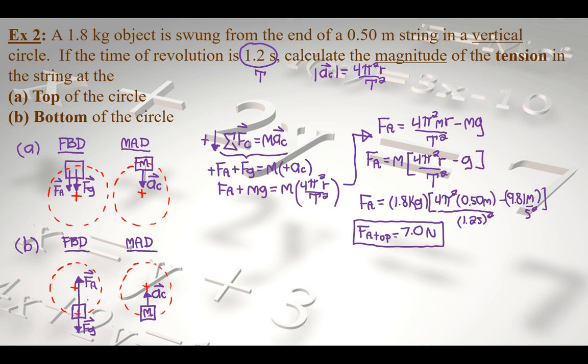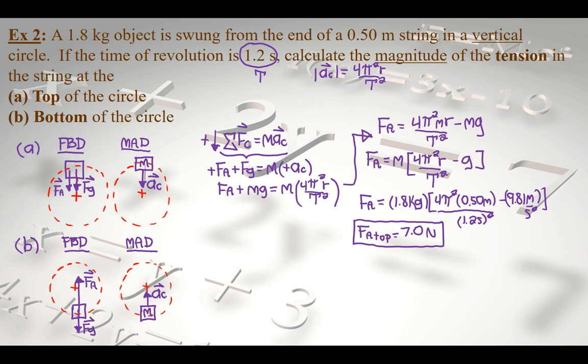So in this case, this applied force has to work a lot harder to provide the same centripetal force and acceleration because FG is now working in opposition. So before we even do a calculation, we should know, qualitatively speaking, that the applied force at the bottom is going to be bigger. And let's see what happens if we do this mathematically.